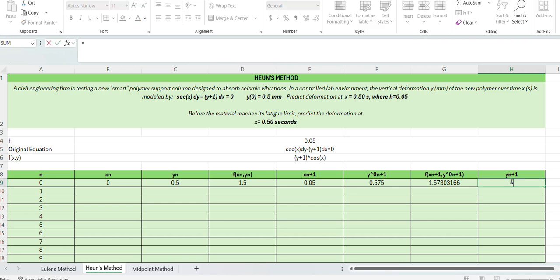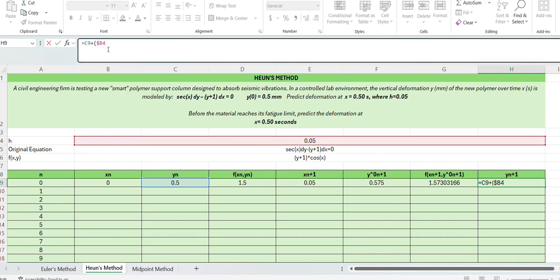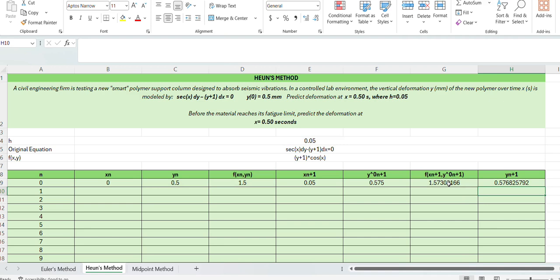It is a long formula, and we must take it carefully, where y_(n+1) equals y_n plus the increment over 2 and the value of these two functions. So we equate the value of y_n plus the increment, putting a dollar sign into it, and divide it by 2, multiplying it by the value of f of x_n plus the value of this one. And we get 0.5768.